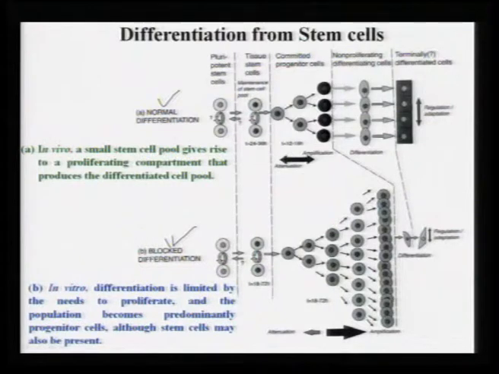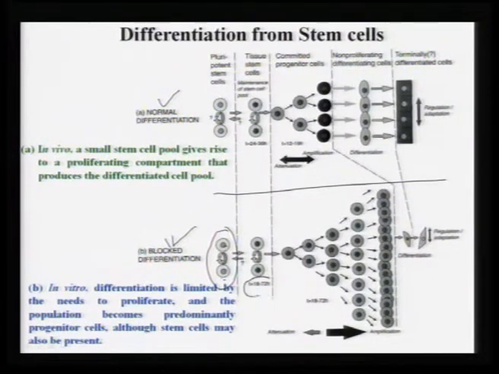Here, differentiation is limited by the need to proliferate. So, there are two things here: differentiation and proliferation. This differentiation is limited by the need to proliferate, and the population becomes predominantly progenitor cells, although stem cells may also be present. Now, what is shown on the right-hand side, at the bottom: there are two cells which go from one cell type to another type.